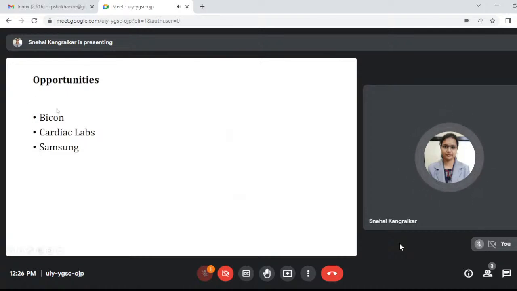Then we have Bicon, which is a pharmaceutical company, and Samsung, which has a healthcare field where you can also work on biomedical devices or systems. These are the three companies that visited our college, and there are many others.